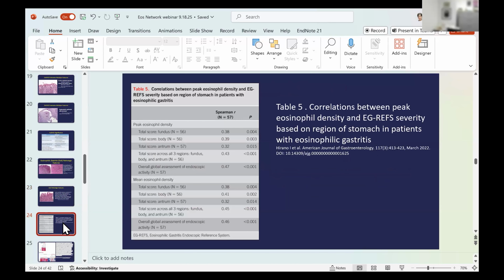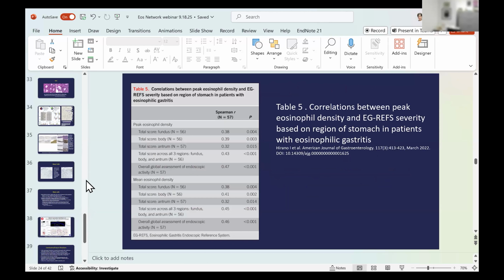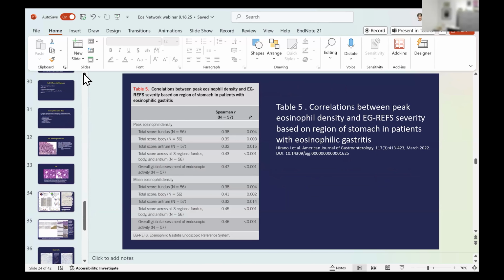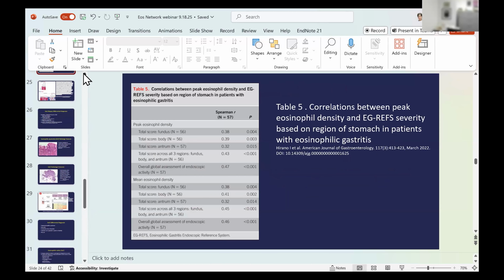So we know from the work of Dr. Hirano that there is a correlation between the endoscopic appearance of the stomach and the peak eosinophil count in the stomach.